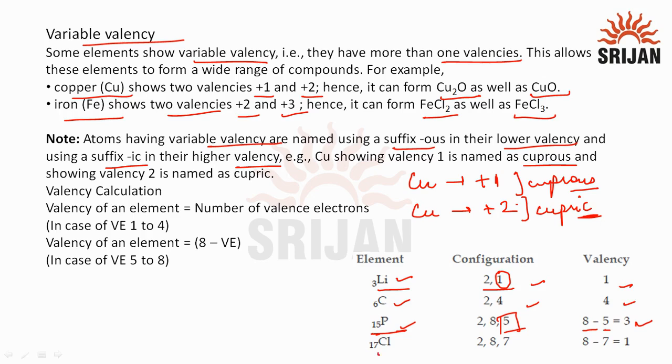In the case of chlorine, 2,8,7, the number of electrons is 7, so we subtract it from 8, which comes out to be 1. This is how the valency of an element can be found out.